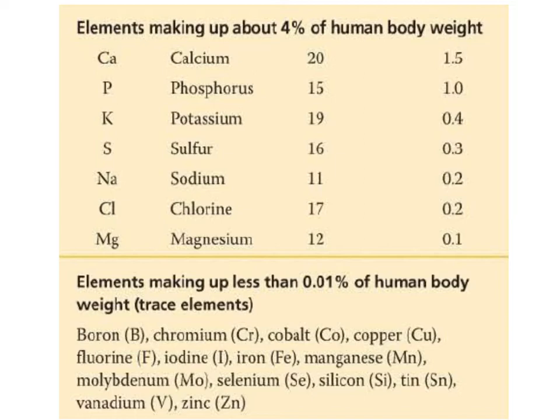The elements making up less than 0.01% of human body weight are called trace elements. Trace elements are found in the human body or living organisms, but in very, very tiny amounts. For example, boron, chromium, cobalt, copper, iodine, iron, manganese, molybdenum, selenium, silicon, and tin.